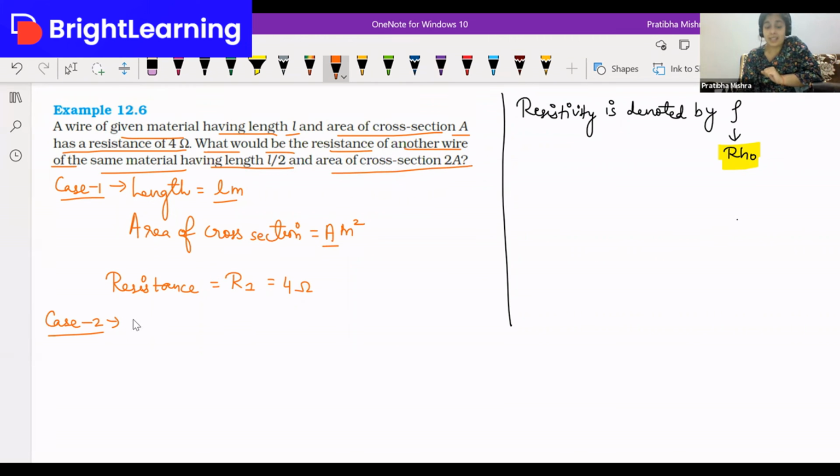It doesn't mean that if you reduce the length and increase the area, the resistance will not get affected. The resistance is directly proportional to length, but inversely proportional to area. So there will be a lot of changes.